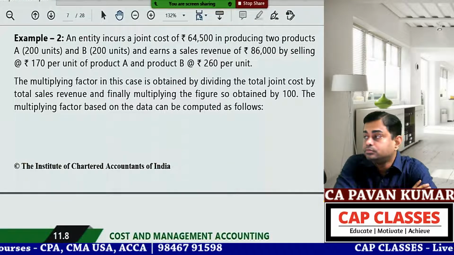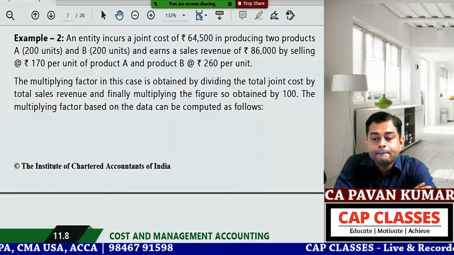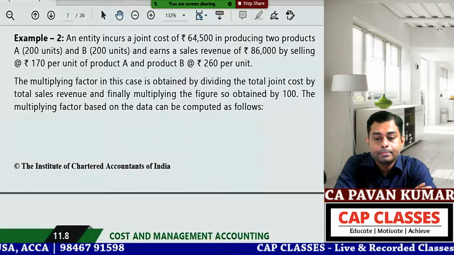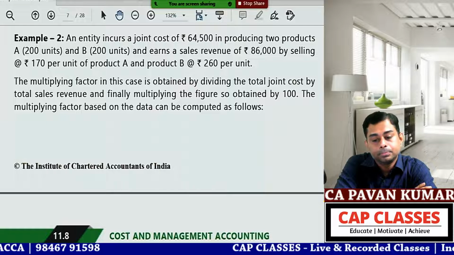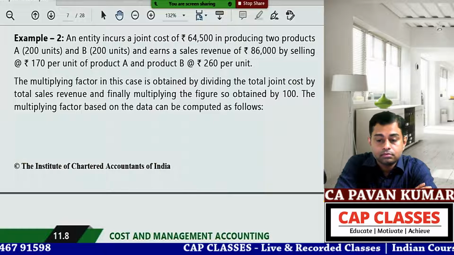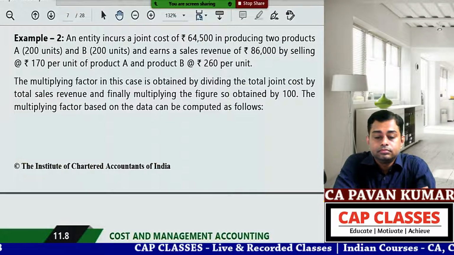Read this. An entity incurs a joint cost of rupees 64,500 in producing two products, A 200 units and B 200 units, and earns a sales revenue of rupees 86,000 by selling at the rate of 170 per unit of product A and product B at the rate of rupees 260 per unit.